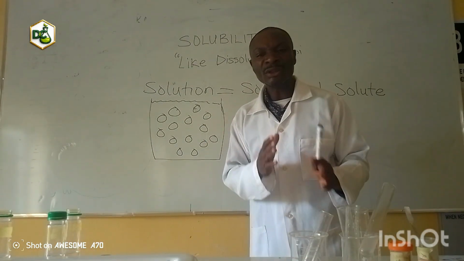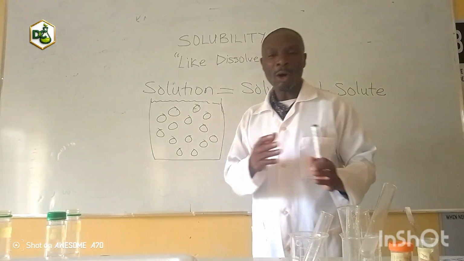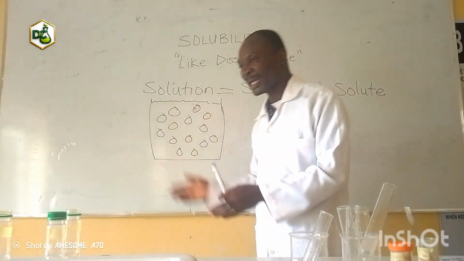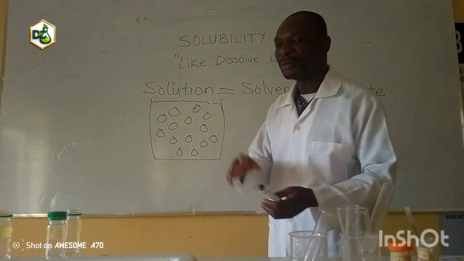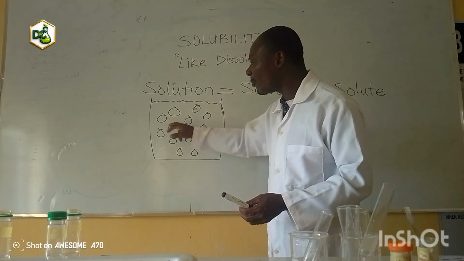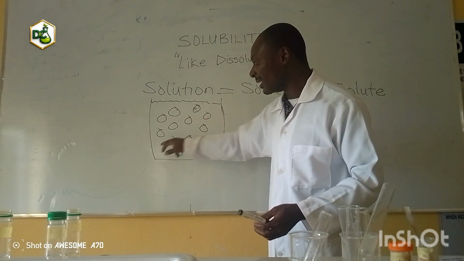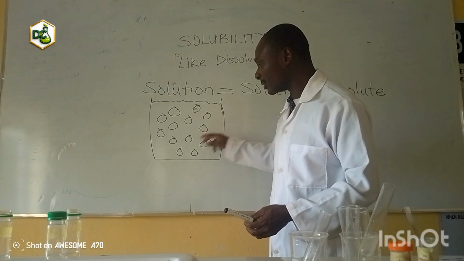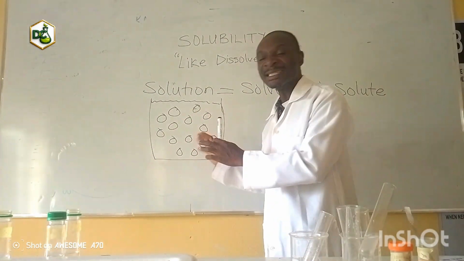Now, if you dissolve salt in water or sugar in water, when the salt is ionized, the ions of the salt will now find their way in between the molecules of water in that cup of water. So you now see that the salt is dissolved.